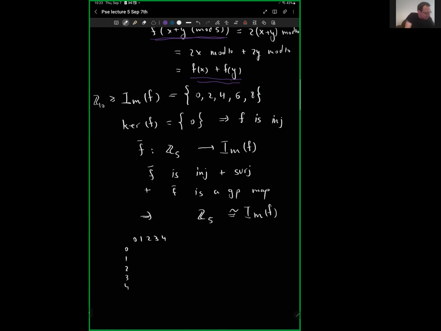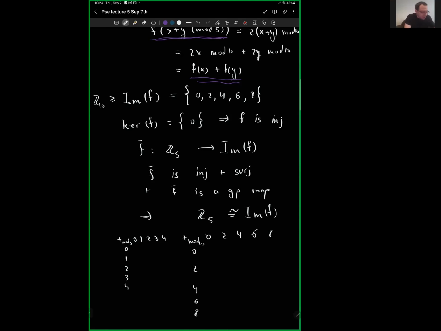So I write it like this, plus mod 5. And here I have 0, 2, 4, 6, 8, 0, 2, 4, 6, 8, and the operation is addition modulo 10.